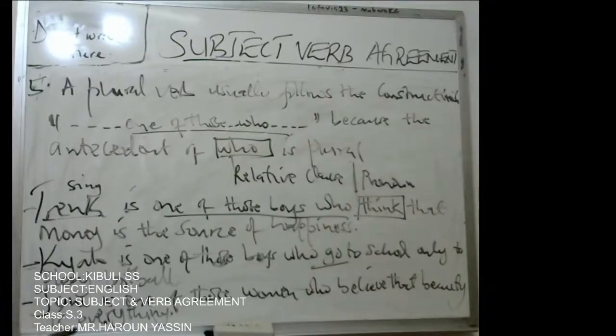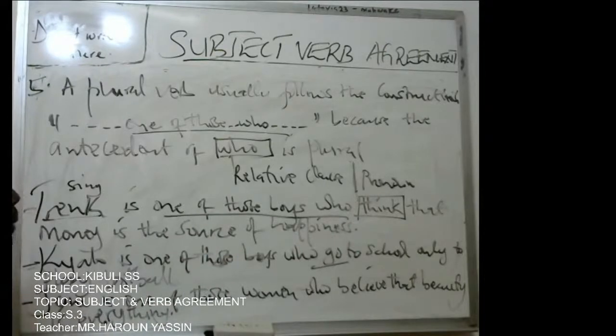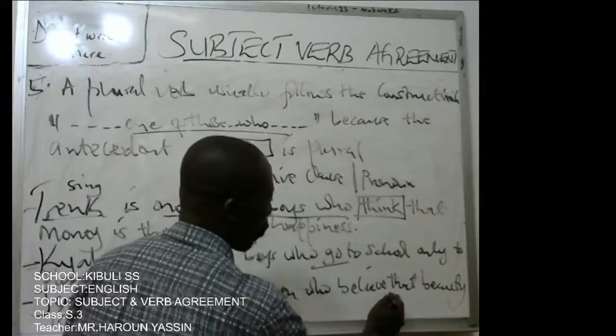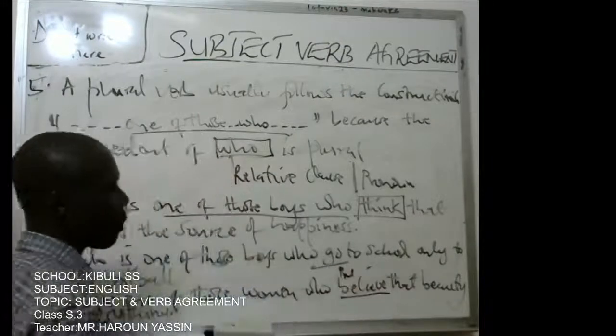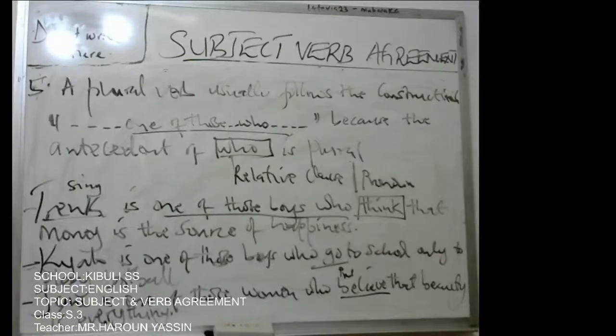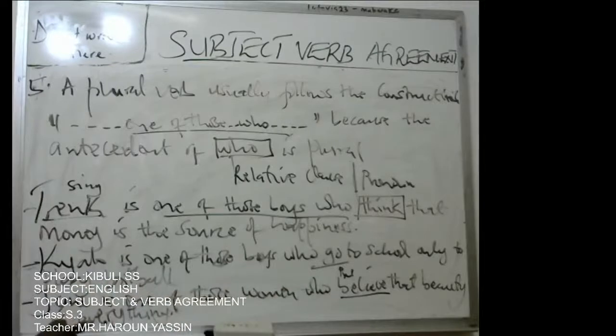So here we have got Jane, a singular subject, and we have got the construction "one of those" followed by "who." Then we have got "believe," which is a plural verb. Therefore, it would be wrong for you here to use "who believes." That is wrong English, though that's what most people say. But it's wrong when it comes to the rules of grammar.